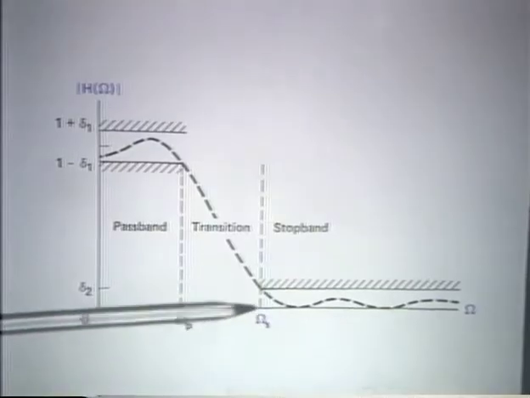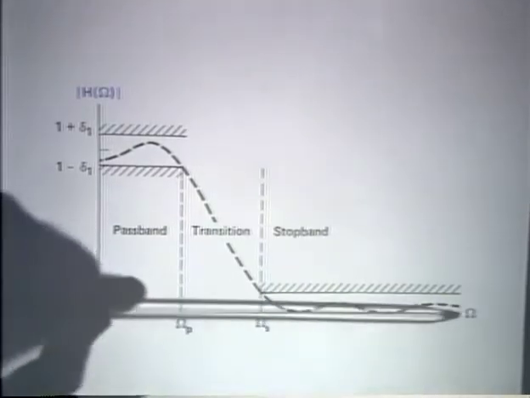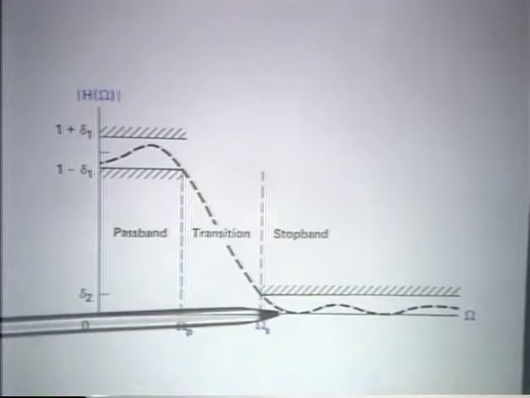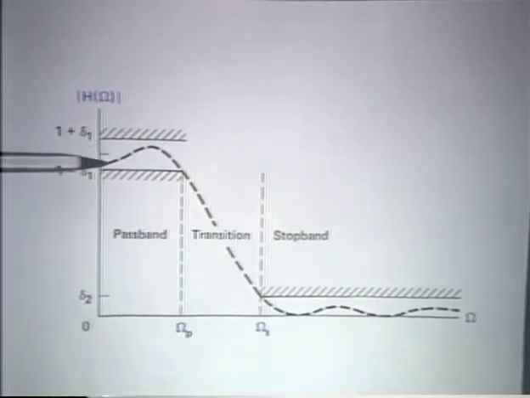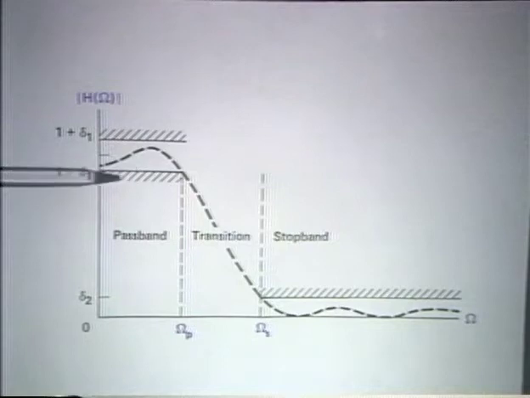And perhaps also, instead of having an exactly flat characteristic in the stopband and in the passband, we would allow a certain amount of ripple.